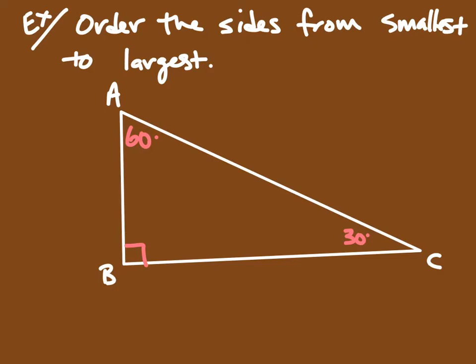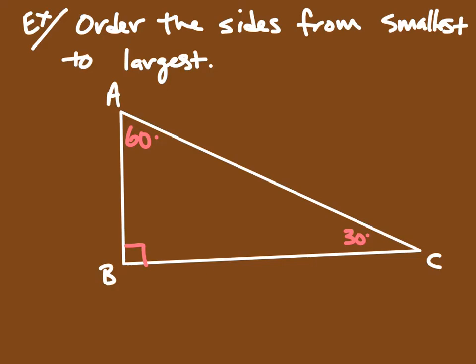Given an example, what it wants us to do, given this picture, is order the sides from smallest to largest. All we're given is angle measures, but we're trying to figure out how to order the sides from smallest to largest.